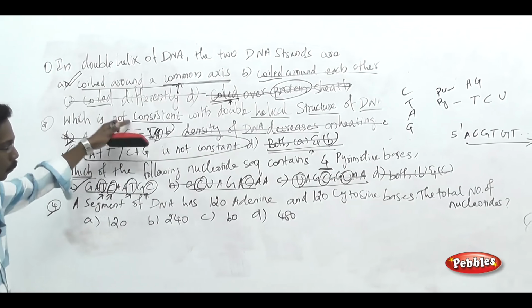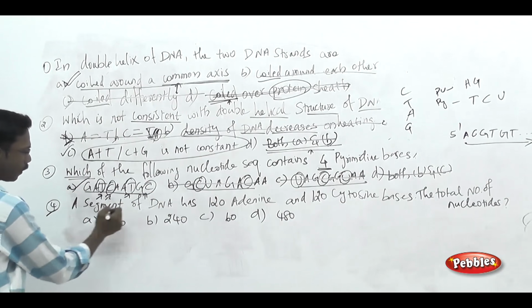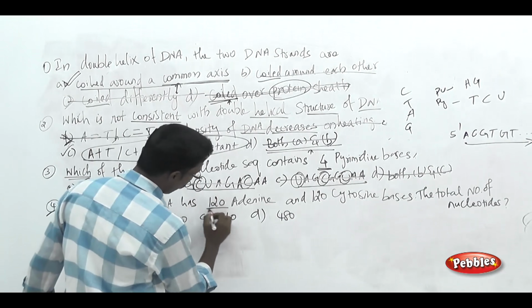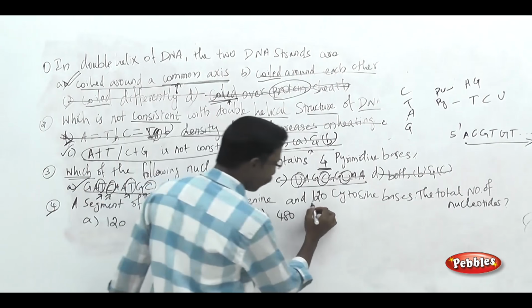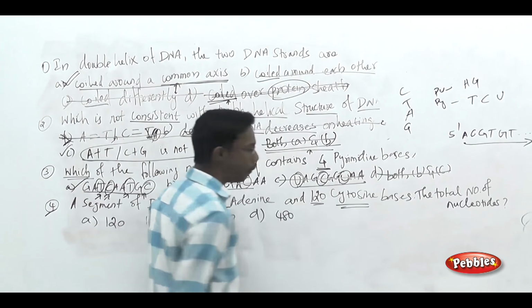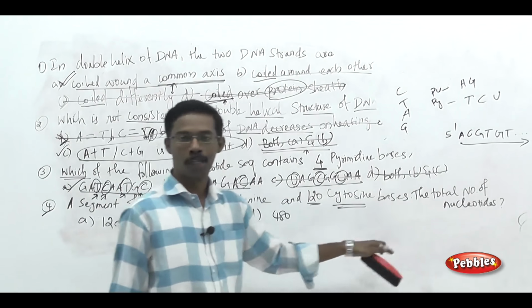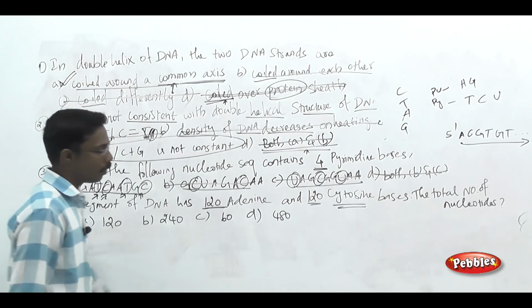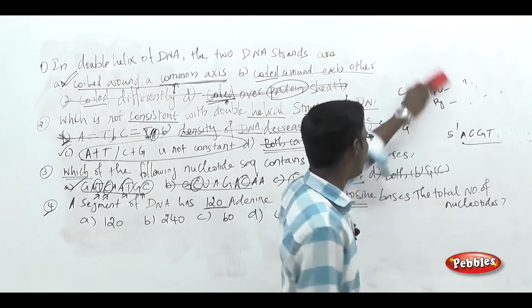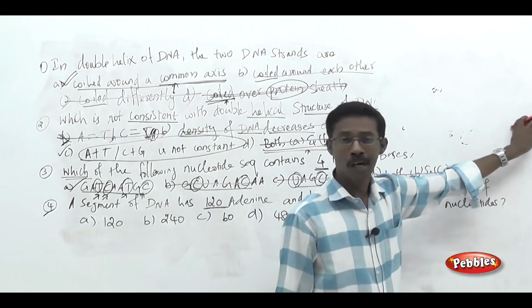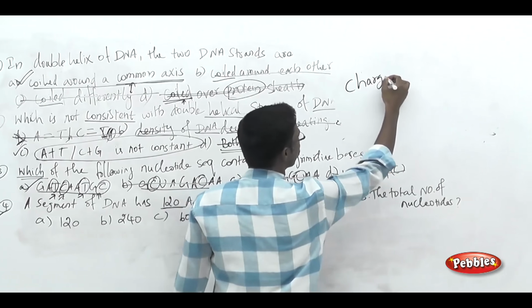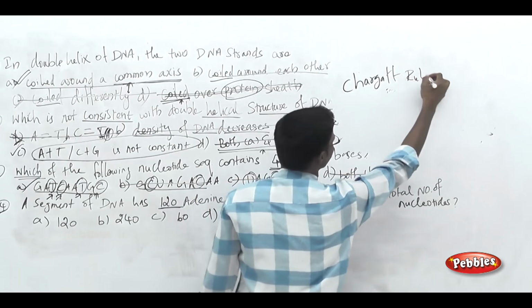So here we are going to explain the previous question. A segment of DNA has 120 adenine and 120 cytosine bases. The question is the total number of nucleotides in the sequence. So as I told you, here you have to remember the term Chargaff's rule.